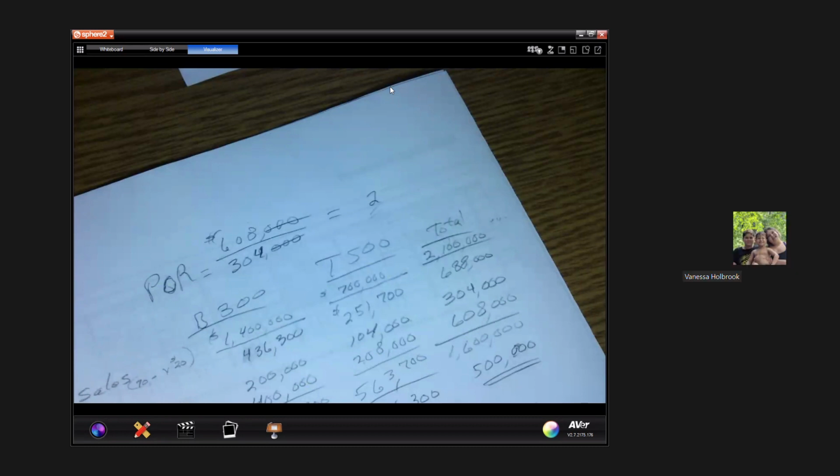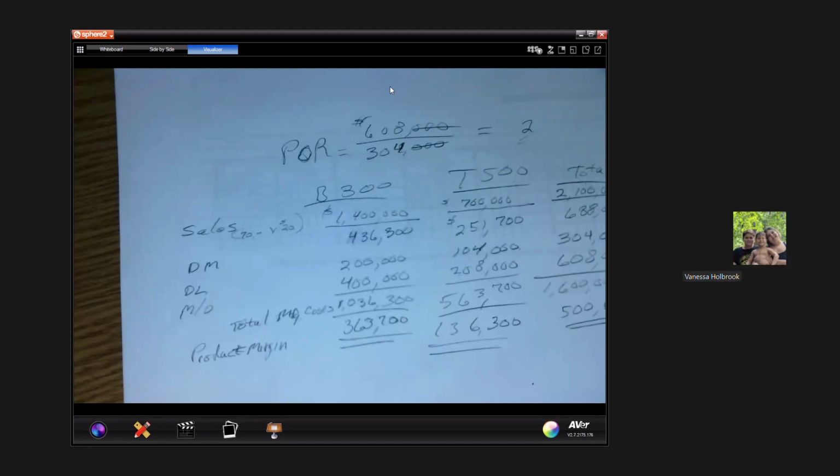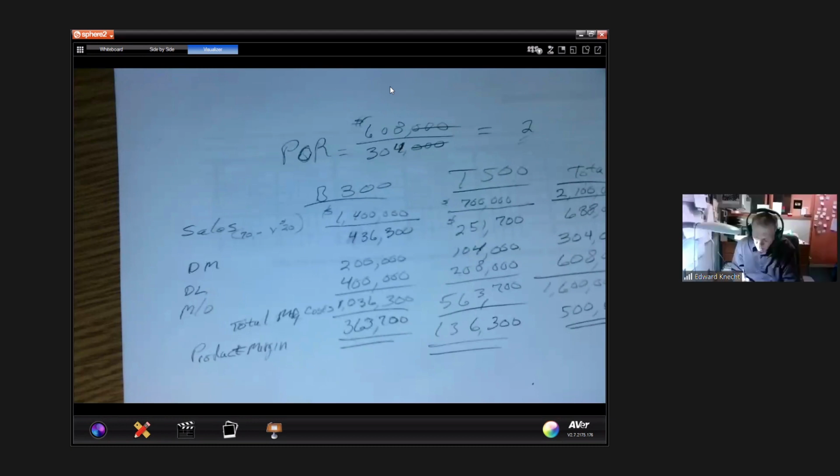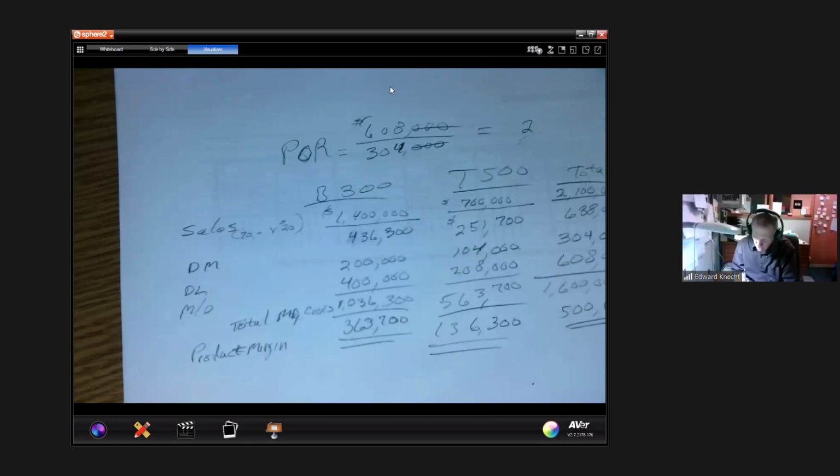So B300 takes up 90,000 machine hours. T500 only uses 62,500 machine hours. The total machine hours, that's correct. 90,000 plus 62,500 would equal 152,500 machine hours.